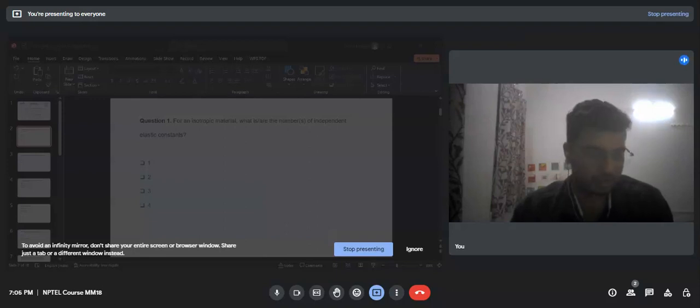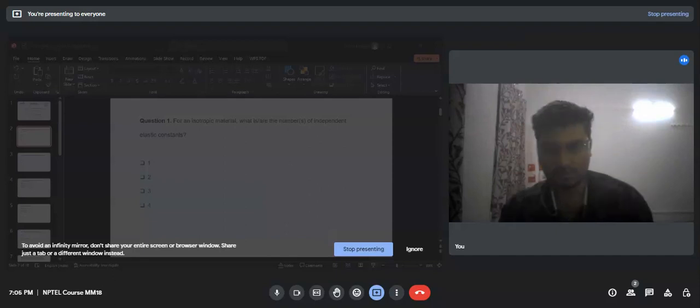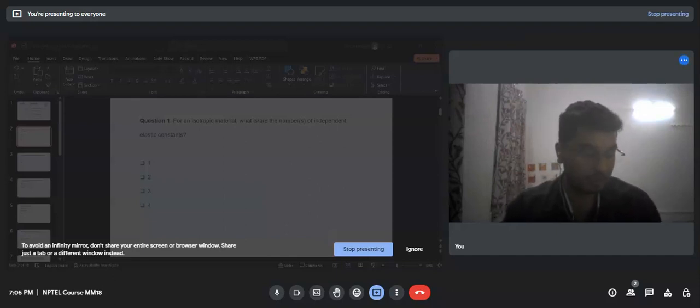Okay, so these are the S11, S12, and S44 values.